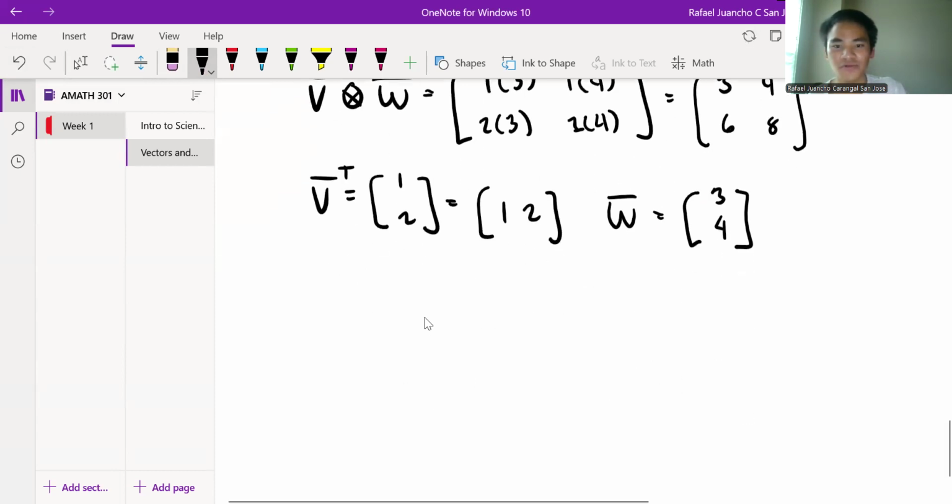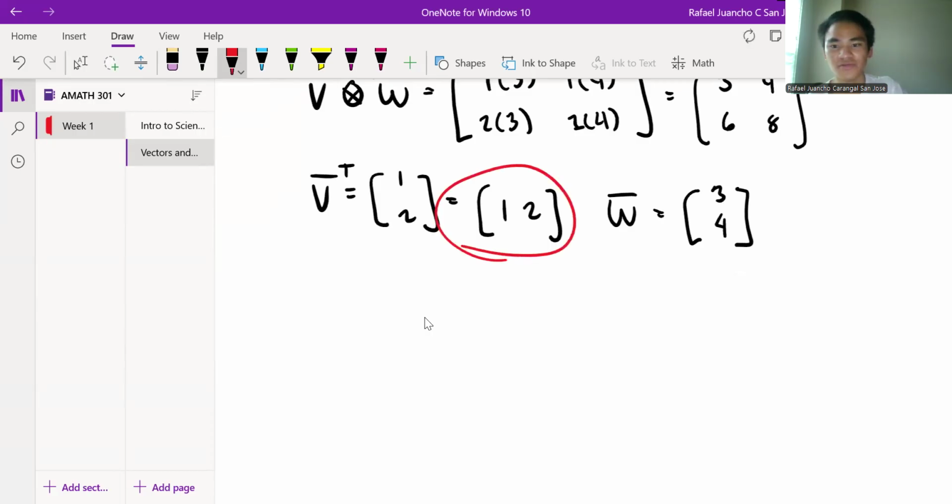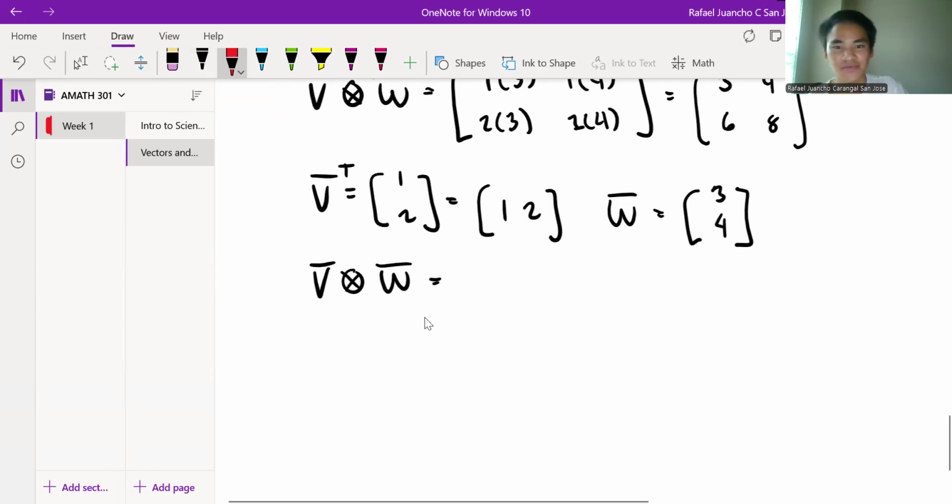So now we're multiplying this row vector to this column vector. Now, how do I want to look at this? We get the outer product of vector V and W. I'm going to look at this thing, multiply it to this thing, and then the product I get from there, I'm going to bring it down.